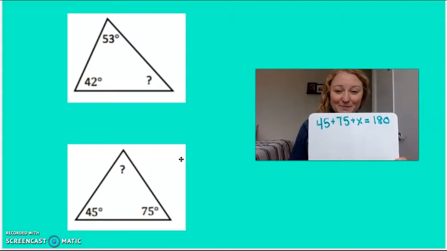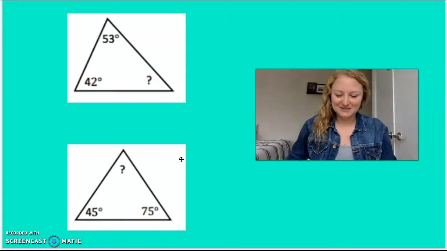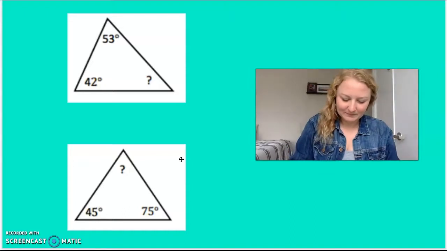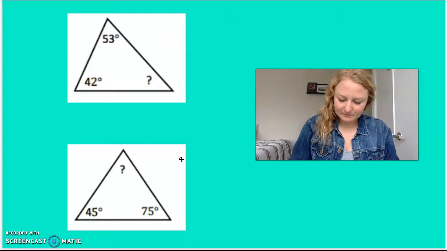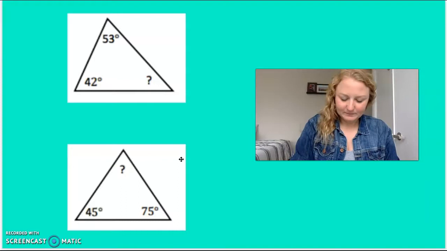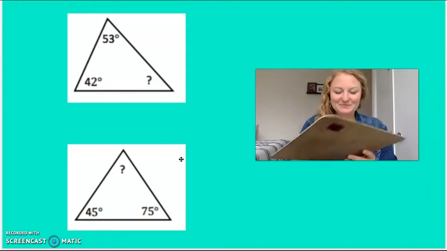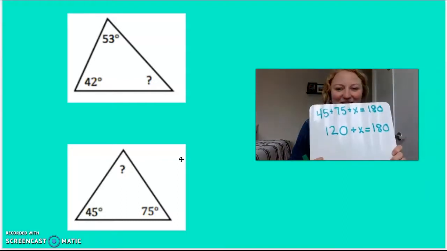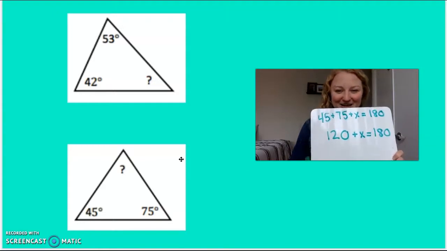All right, then you're going to combine your terms, not the variable, but you're going to combine your like terms. So you're going to add 45 and 75, see what you get. Ready? 120 plus x equals 180.